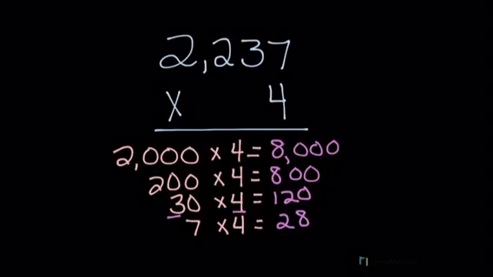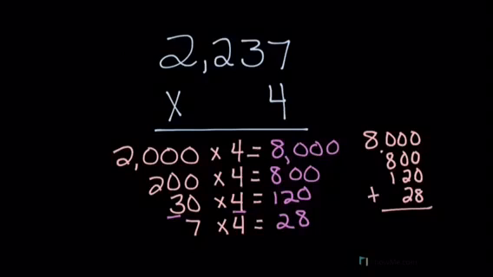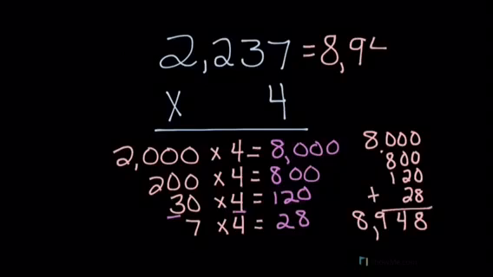Now I'm going to write out my numbers and add them up, making sure I'm lining them up according to place value. Nice and neat and all lined up. I add them up, and my final answer is 8,948.